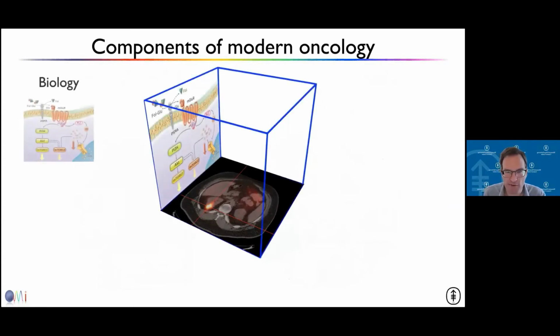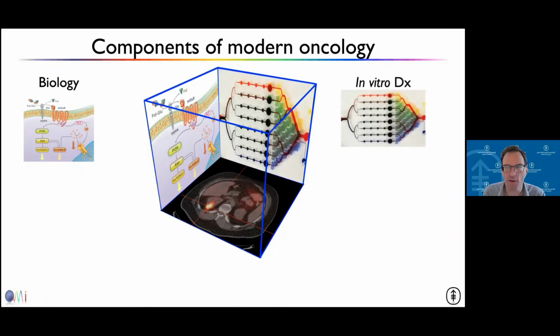So you've got an image there, which is a PET scan, which is built on some underlying biology. Then you also can use, in addition, and I'm looking at the entire diagnosis here, in vitro diagnostics, in this case microfluidics, but also whole tumor gene sequencing, and things like that.